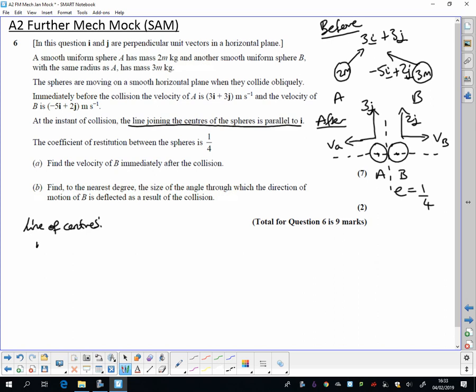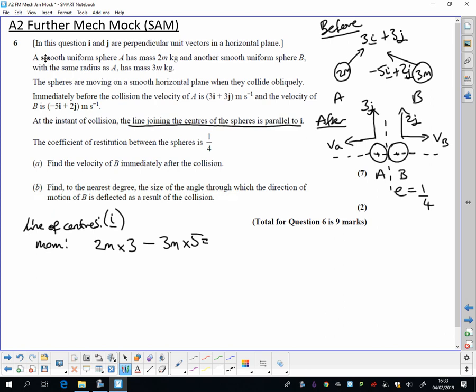So we can look at momentum. Momentum is conserved. So in that direction, the i direction, we have 2m times 3. B is travelling in the opposite direction in the i direction, so minus 3m times 5. And this is where my diagram comes in helpful.